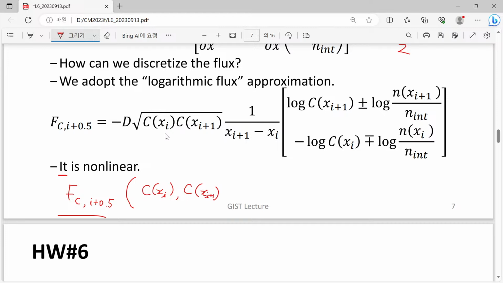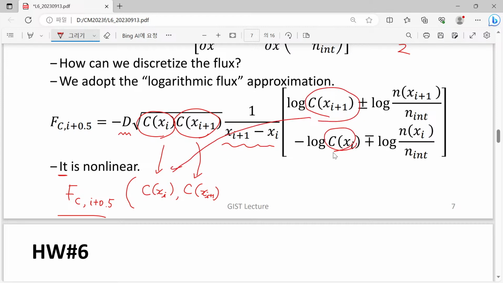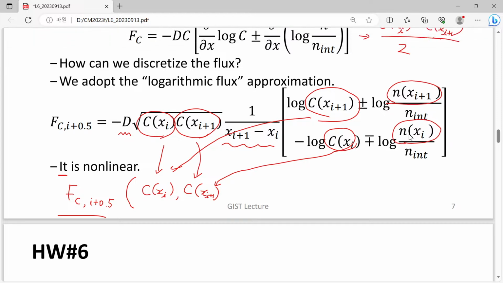Good. This one here, this one here, and this is constant, and similarly this is constant, and here we also have C, and here also we have C, and even this N can be written as a function of our C.